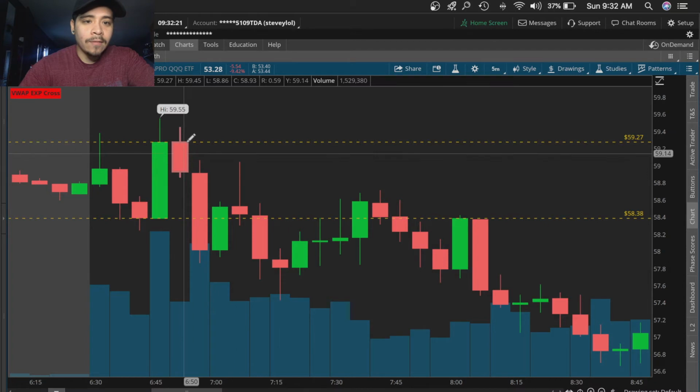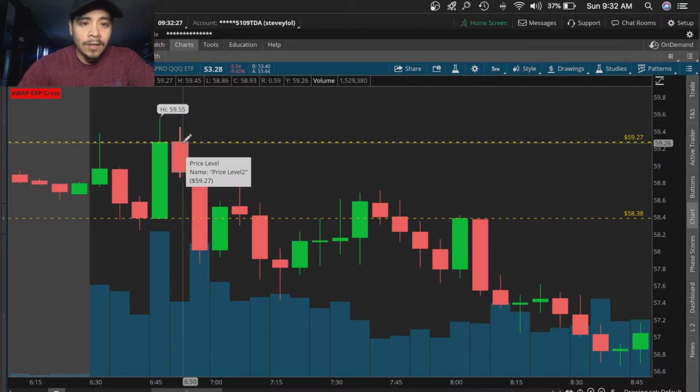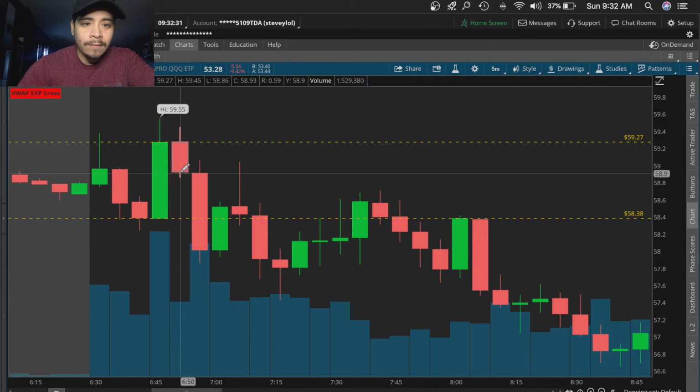So we crossed down. That's a down move, so we went red. We pushed down from 59.26 all the way down to 58.85, but we closed the 5 minutes at 58.92. Okay, so that's how you read a candlestick.